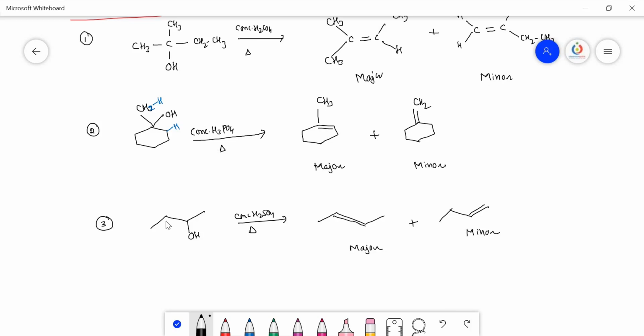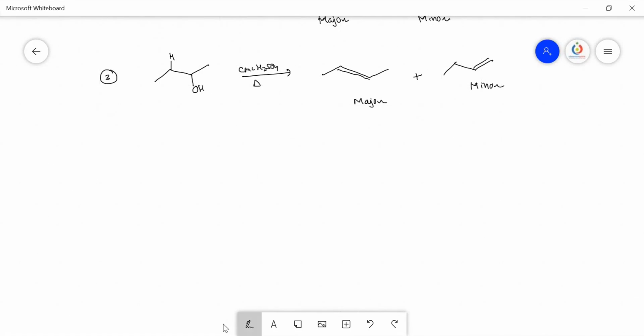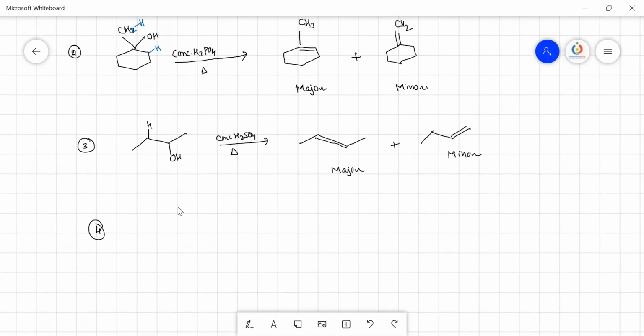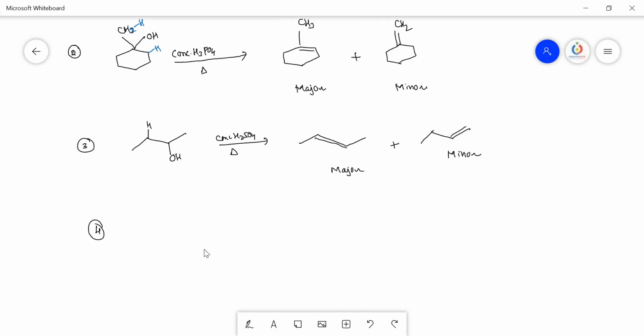This is the minor product, because from here hydrogen has been removed, not from here, because if you remove from here we get the highly substituted alkene. And you can watch our videos regarding the alkenes chapter, because completely we had given which is the major product, which is not the major product, and why. And actually here we get this type of products.